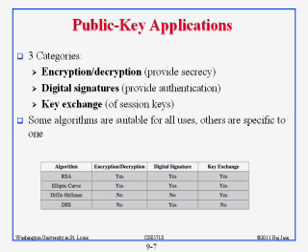Right? So now you can use it not only for encryption and decryption, but you can also use it for digital signature. And you can use it for key exchange. Why key exchange? Because this is a lot of calculation. Raising M to a power and taking a mod is a lot of work.